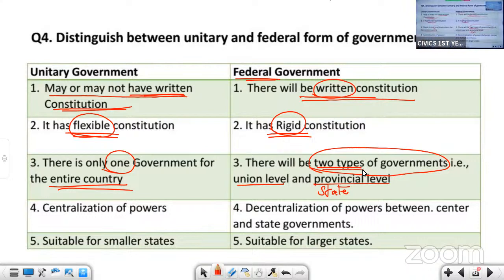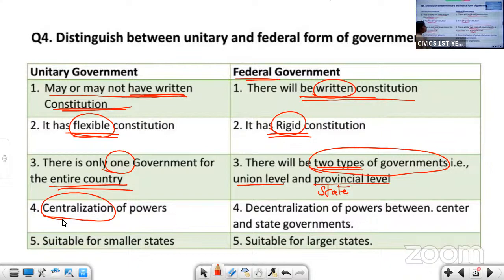Then there is centralization of power. What do we mean by centralization of power? Centralization of power means all the powers are vested with the central government. There is no division of power between the center and the state. The central government possesses all the powers.